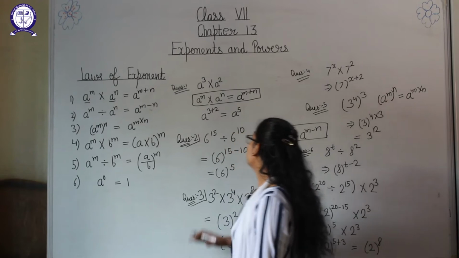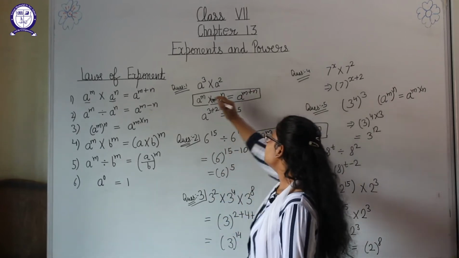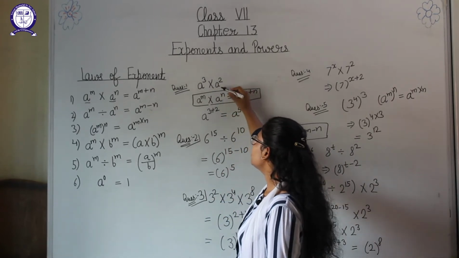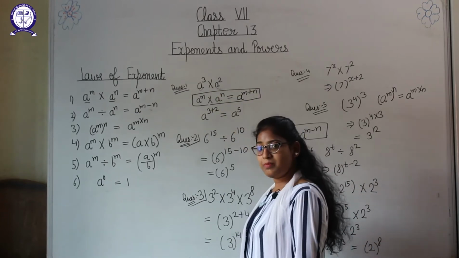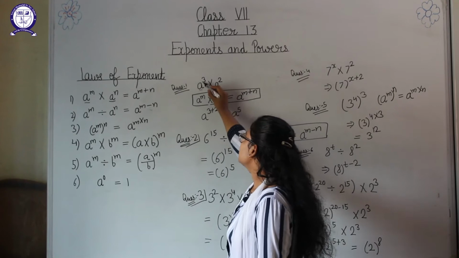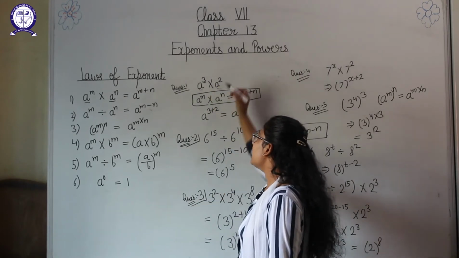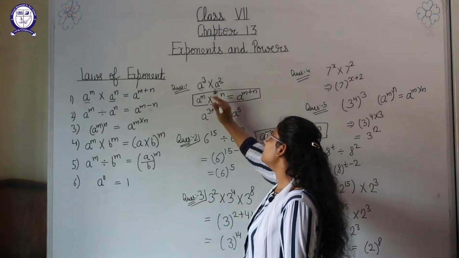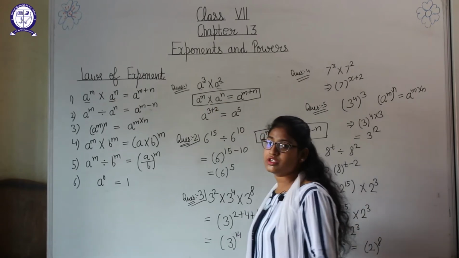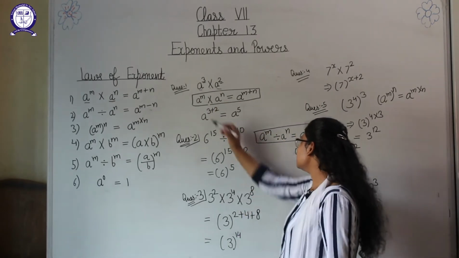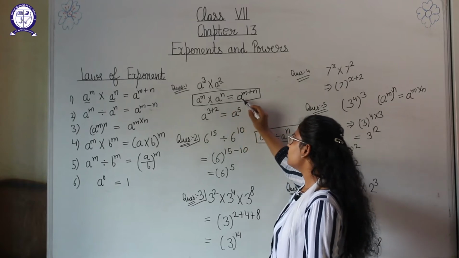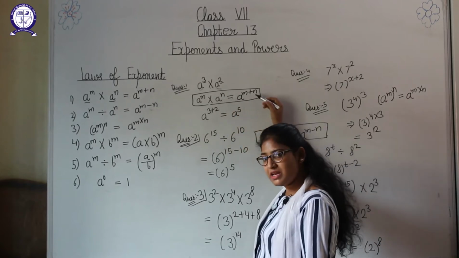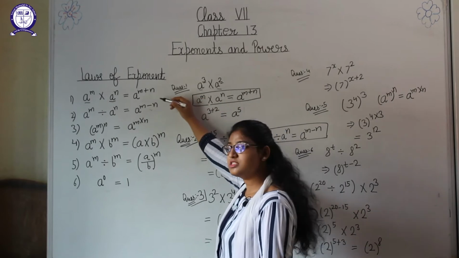Okay, you can check here. Here it is a cube into a square. It means here a and a are the same bases. Here this 3 is the power and here this 2 is the power, and these two are in multiplication. So a raised to the power m into a raised to the power n equals a raised to the power m plus n will apply, as this was our first law.